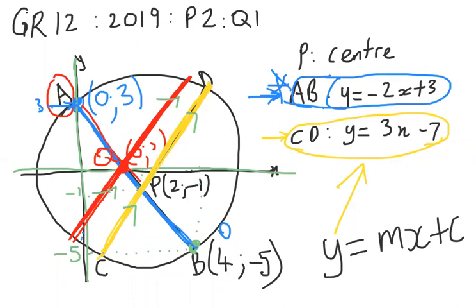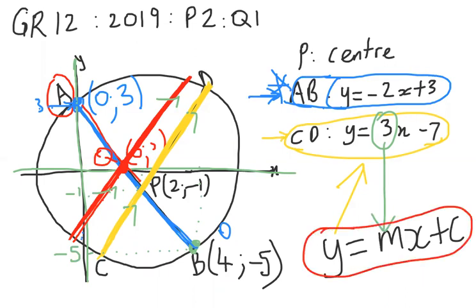What does it mean? The gradient of CD is that 3 over there. So that means the red line, the one we want, will have the same gradient. This is the one we work towards. So we can already say y equals 3x plus c. That is one step further.